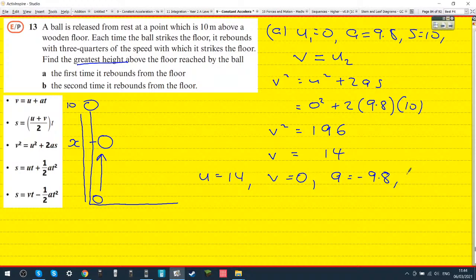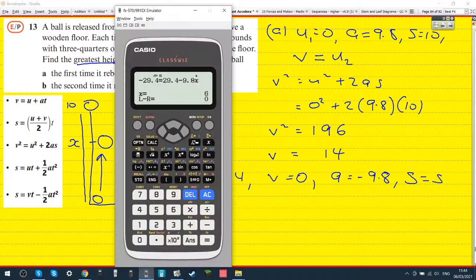So we use the equation V squared equals U squared plus 2AS. They said the first time, but what they're really talking about is the first time it bounces. So it's actually the height, S, we have to find.